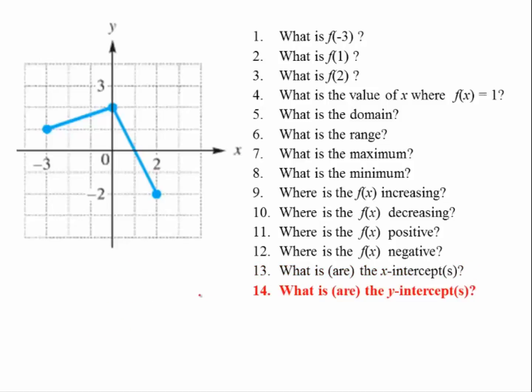There's always going to be just one y-intercept if it's a function, because for every x there's one and only one y. We can't have multiple y-intercepts. So where is it crossing the y-axis? It's here. The y-intercept is at 2. We can say y equals 2, or f of x equals 2, or we can write the ordered pair, where x is 0 and y is 2.